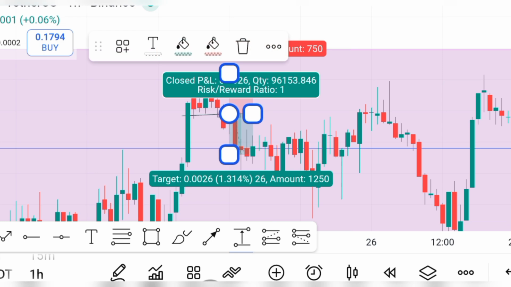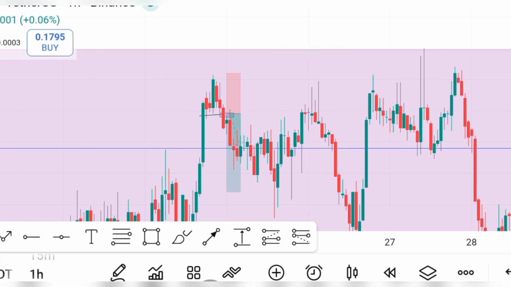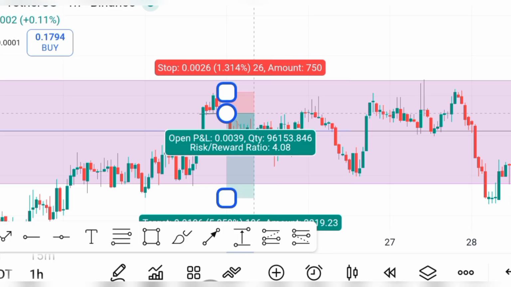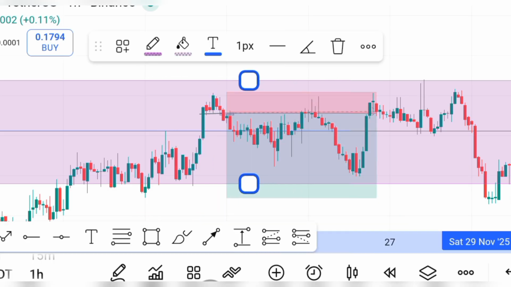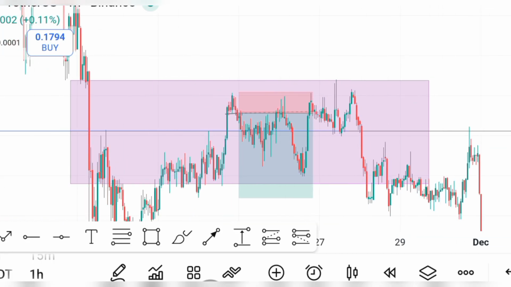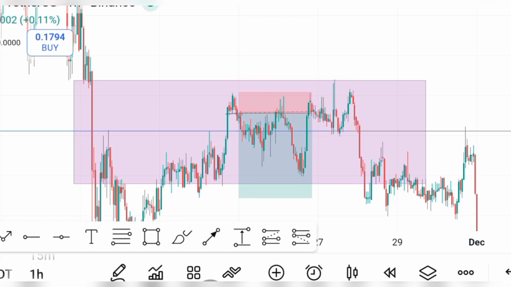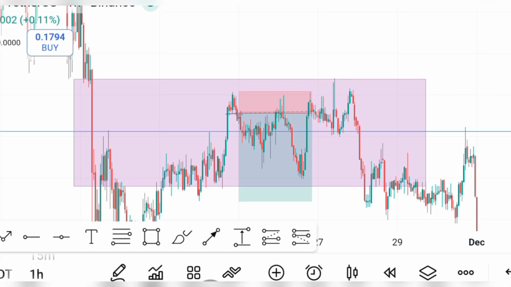Then for the TP, it is up to you to put it where you want, according to your risk tolerance, according to your risk to reward ratio, right? So now that was a very good zone, but remember we got that zone from the daily time frame. So let's go back to our daily time frame and get another example.